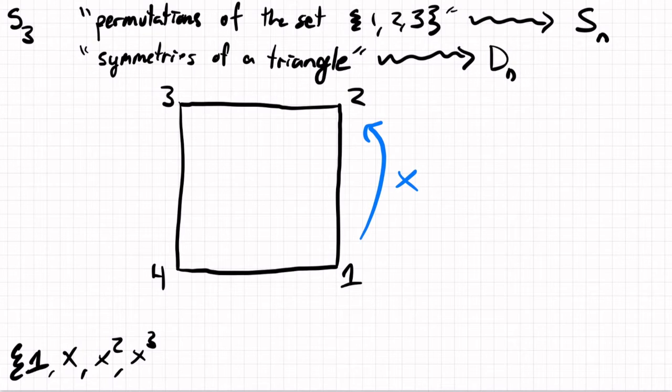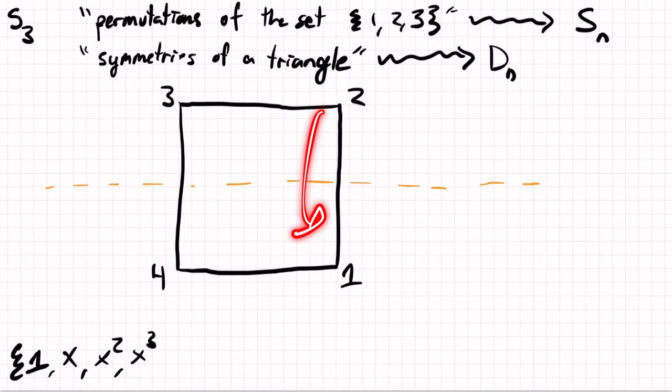And if we look at reflections, maybe I'll erase this. So we can think about reflections. So one way to reflect a square is vertically, like this, or I guess the line of reflection is horizontal, and the square gets reflected vertically.